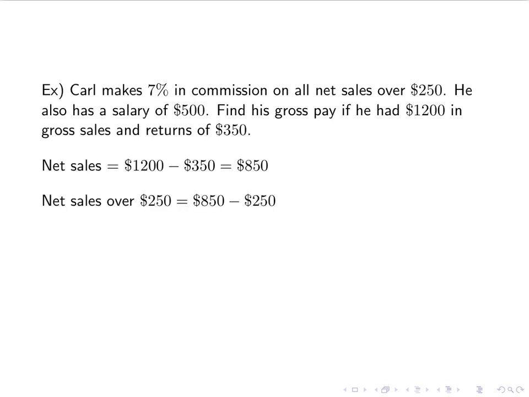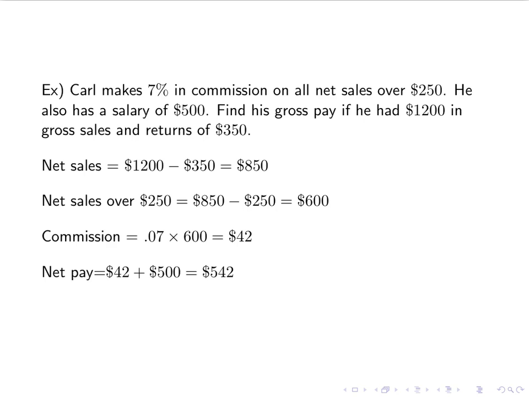Net sales over $250 is $850 minus $250. So Carl is going to get commission on $600 worth of sales. His commission is 7%, again 0.07 times 600, $42. And then to find his gross pay, we're going to add that commission to his salary.